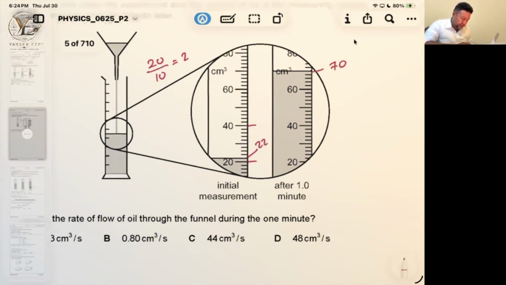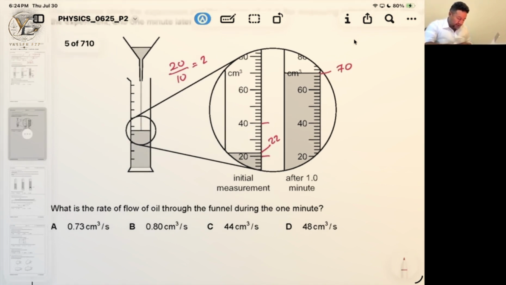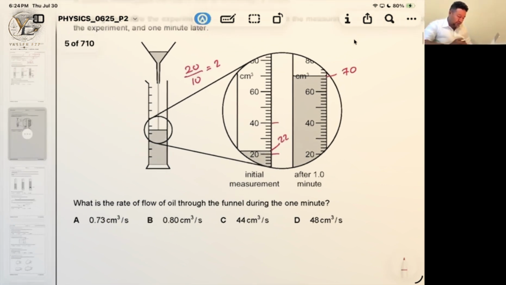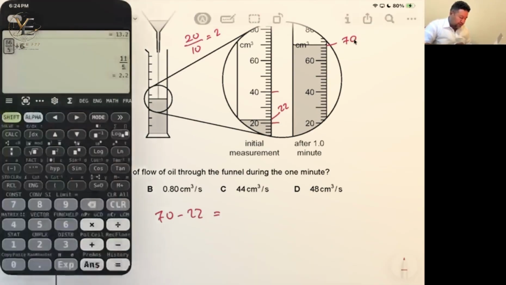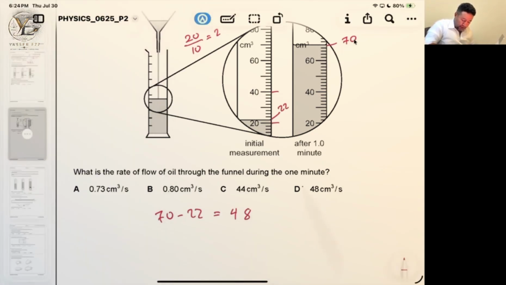The difference between them will give us the volume of flow during the whole minute. So 70 minus 22 equals what? 70 minus 22 equals 48. So 48. It's not the correct answer.